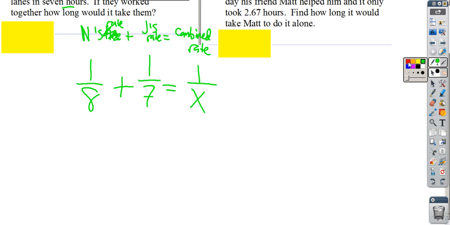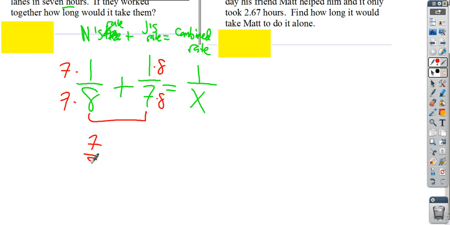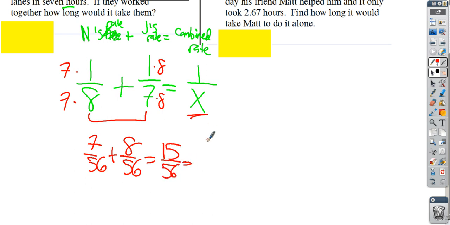Okay, so let's do exactly what we did on the other one. Actually, this is a little bit easier. We can make a common denominator of 56, 7 times 8. So this is going to be 7 over 56 plus 8 over 56, which is 15 over 56. And that's equal to 1 over x. Now all we need to do is cross multiply, or actually we could just flip that around.